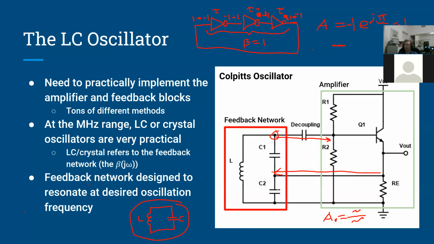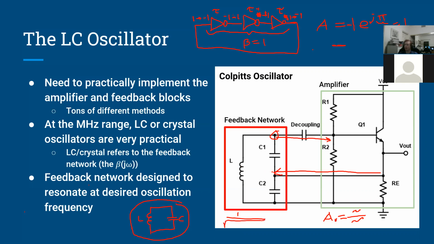So a similar thing will happen here in this oscillator, where these capacitors will resonate with the inductor at a certain frequency. And maybe you can guess what that frequency will be.